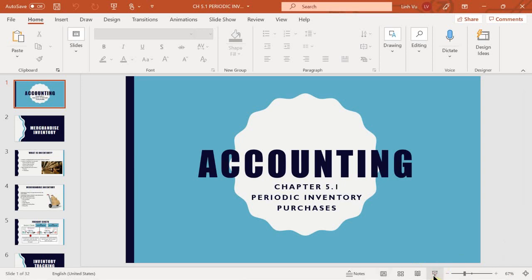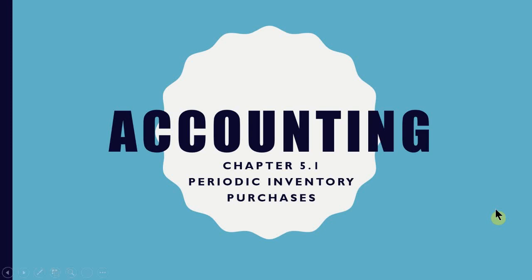So this is going to be chapter 5, which is where the calculations are going to actually come more into play. Chapters 1 through 4 were more conceptual, just learning about how the rules and guidelines work for how to properly journalize and properly do accounting.